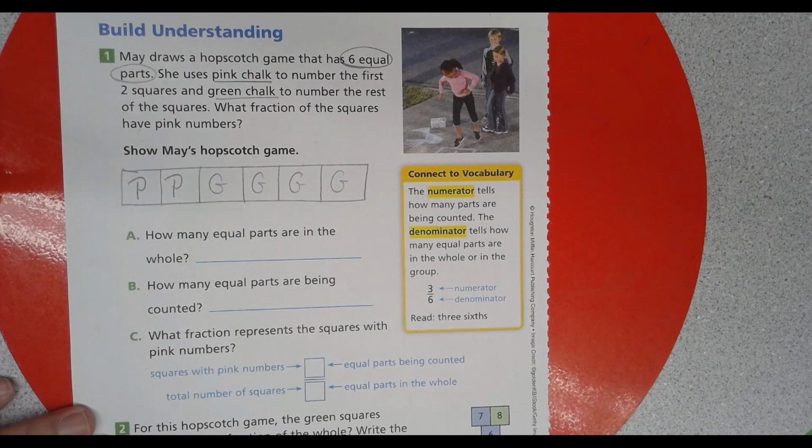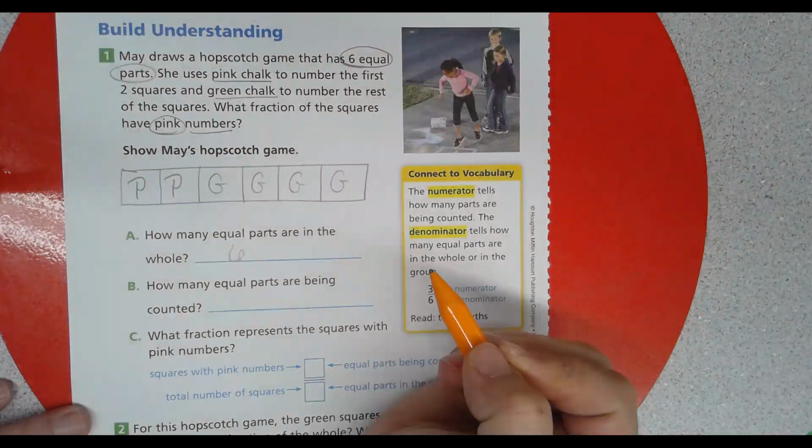And then how many equal parts are in the whole? Well, right there, it told us 6. We drew 6, so there's 6 equal parts in the whole thing. So how many are being counted? Well, we're looking for pink ones, and that would be 1, 2.